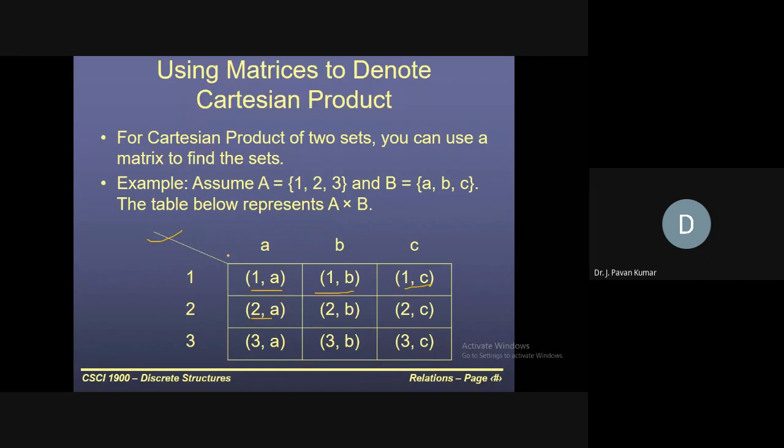I'm repeating once again: if we have a certain number of sets, then from the Cartesian product of those sets, some subset we will be considering, and that we will be calling a relation. Got it? We'll see the example.